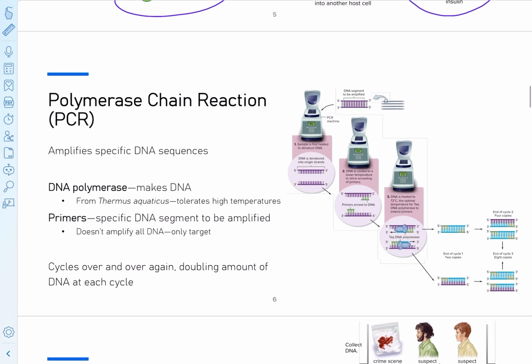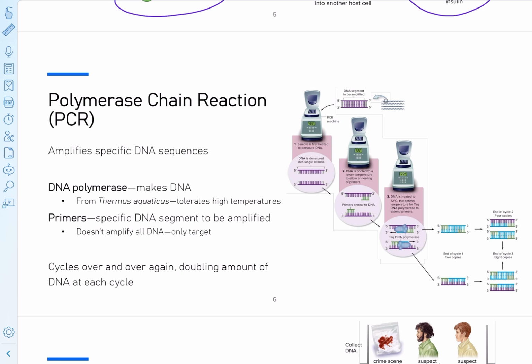So another important application in biotechnology is the polymerase chain reaction, or PCR. PCR is a technique that's used to help amplify, or make lots of copies of, a specific DNA segment, which is really helpful if you need to analyze a small sample of DNA.